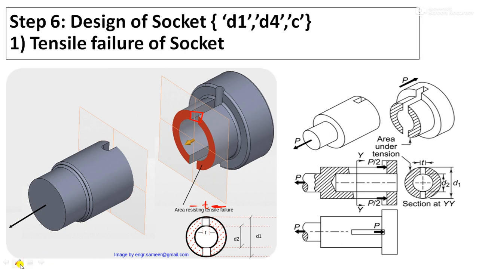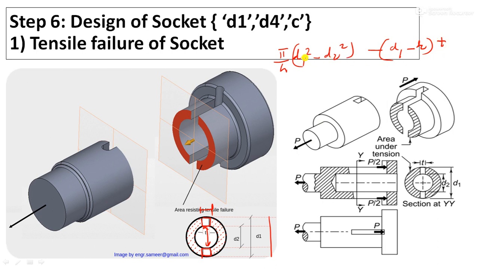Now how will you find out the area? The area resisting the tension will be pi by 4 into (D1 square minus D2 square), which is the circular cross section area, minus the rectangular area. The total length of the rectangle will be D1 minus D2, the middle portion we have to subtract, and the thickness is t.